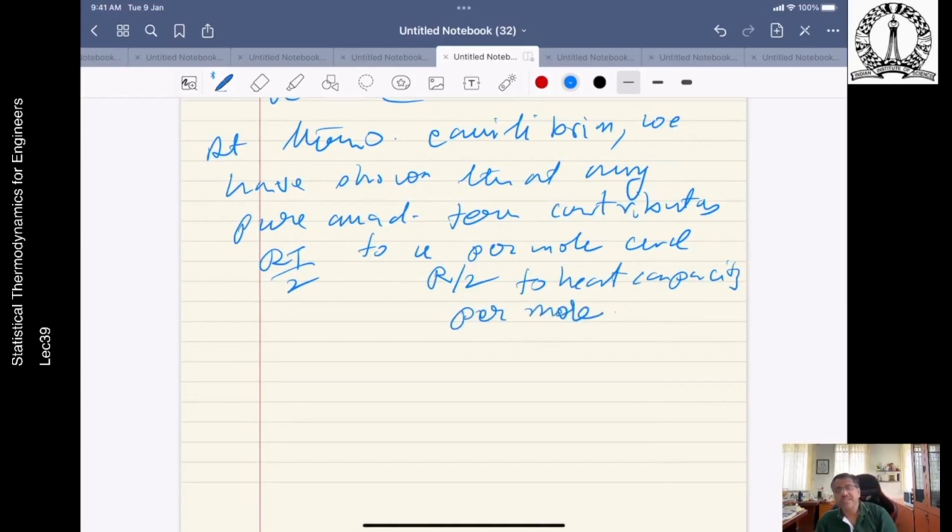This conclusion is clearly unaffected whether the pure quadratic term is based on momentum or position. So this validates what we call the classical equipartition principle.